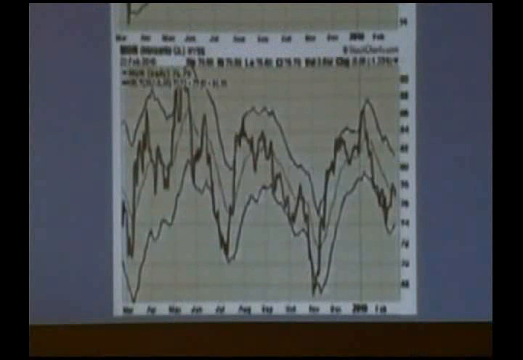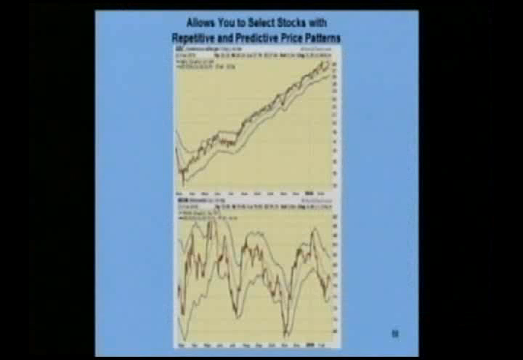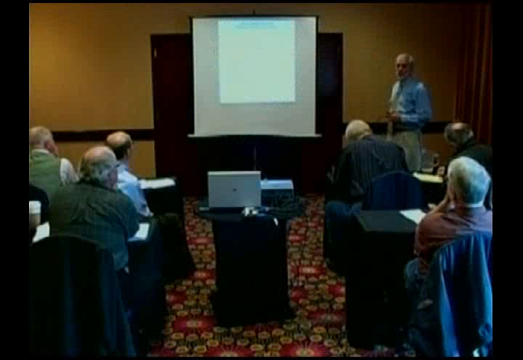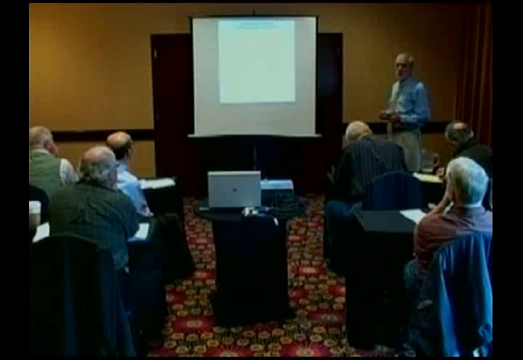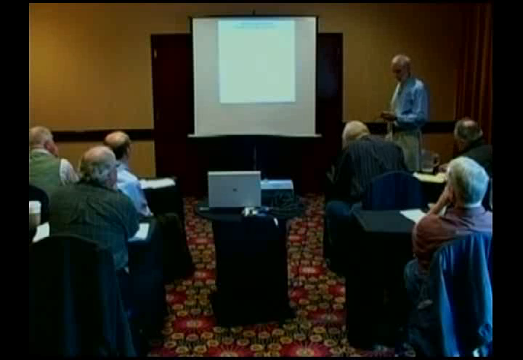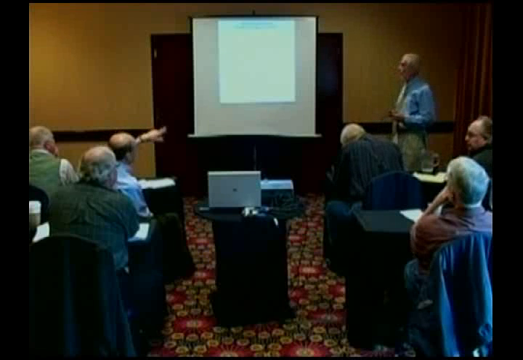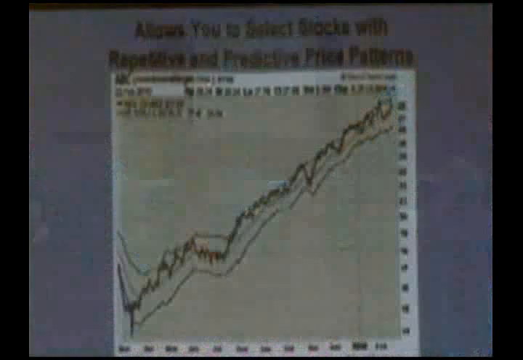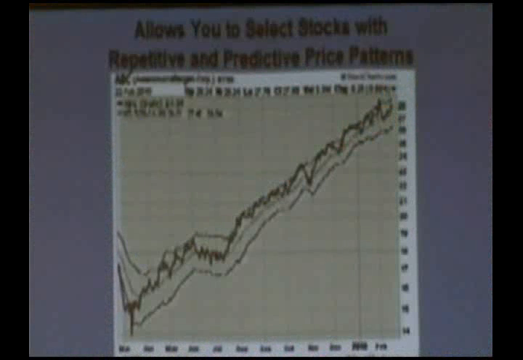So the Keltner channels are real good in, again, further narrowing down your list of stocks to look at if they're in a fairly predictable price pattern. So it's helpful in that sense also. What stock is the top one? The top one is Amerisource. That's healthcare.